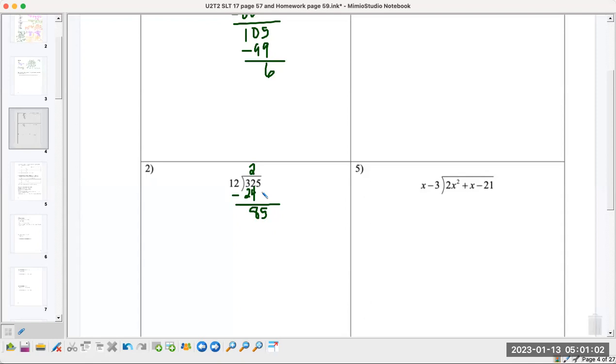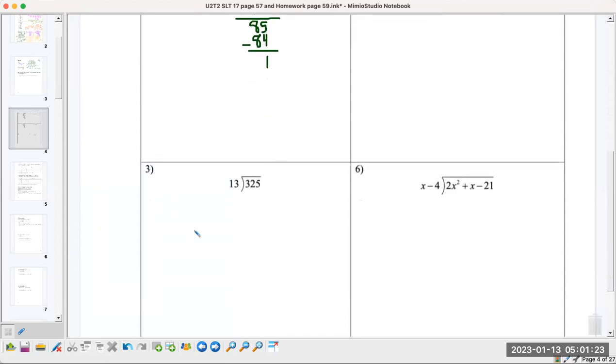And 12 goes into 85 7 times. 7 times 12 is 84. So subtract 84 from 85, you get 1. So we have a remainder of 1.